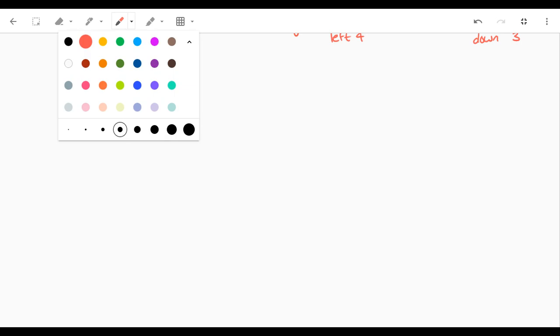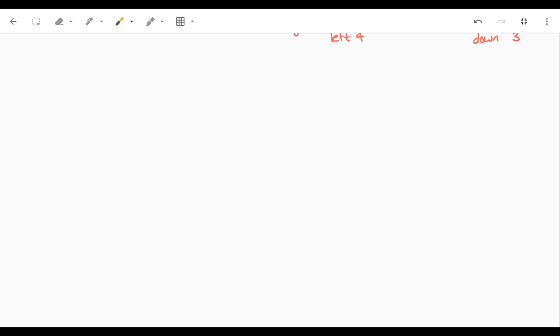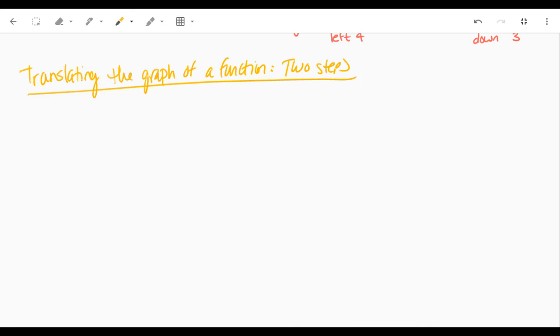Okay, next we've got translating the graph of a function in 2 steps. Okay, so this is going to be a lot like the absolute value one that we did, but just any function. So they're mostly going to use your parent functions.